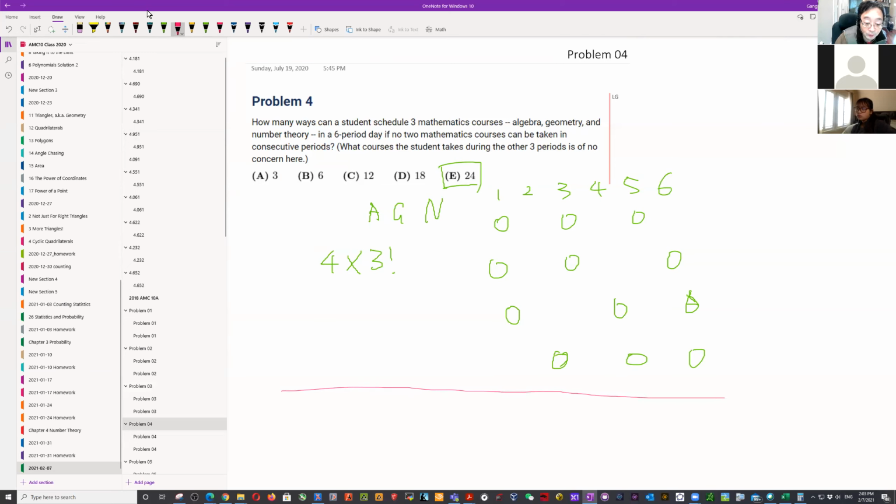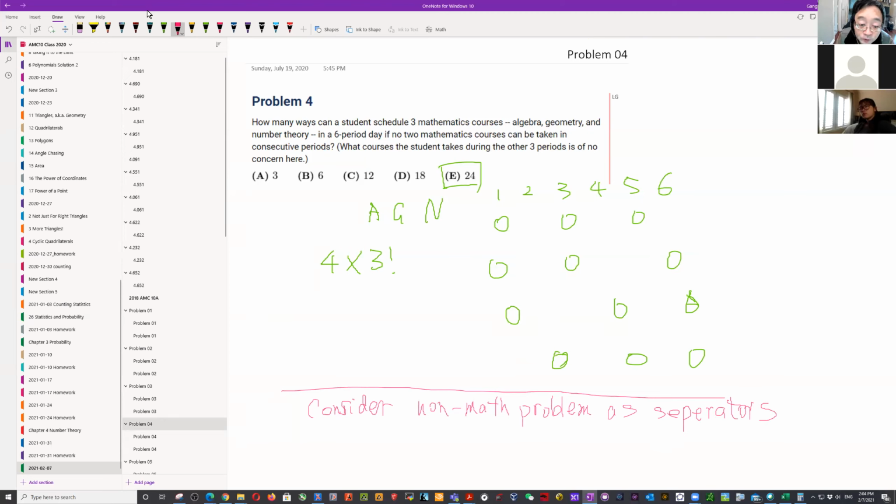A much more generic format is: how many spots can be created by the separators. So consider the non-math periods as separators.